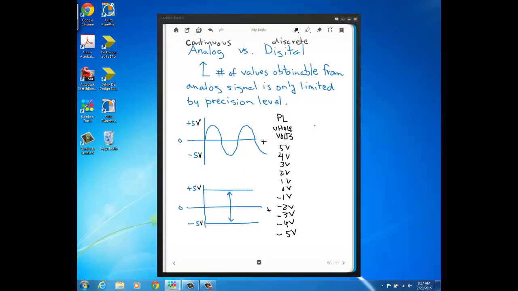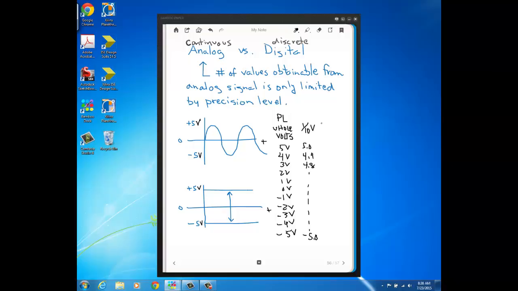But if my precision level was better, say 1/10 of a volt, or tenths of volts, well, now the number of values that I could have from both of these analog signals would be much more, because I could have 5.0, 4.9, 4.8, all the way down to -5.0. So clearly, with better precision, I have an increased number of values that I could obtain from either one of these analog signals.